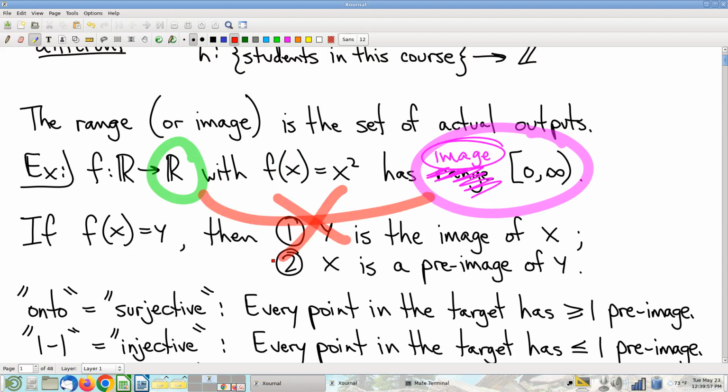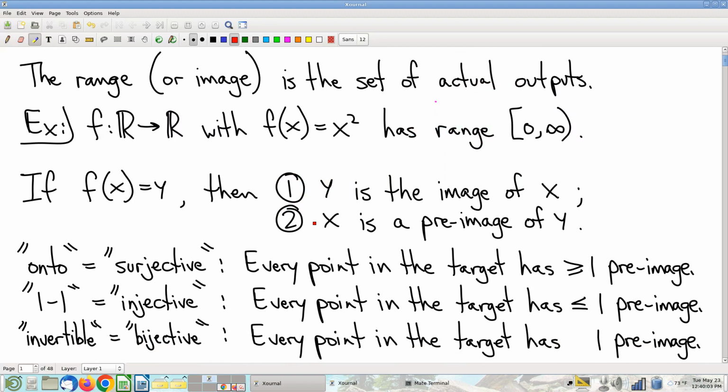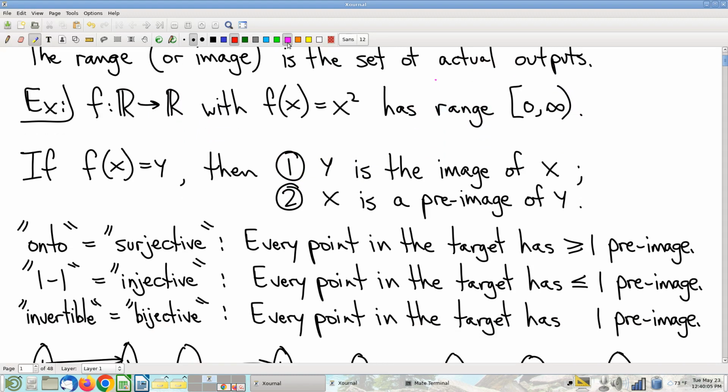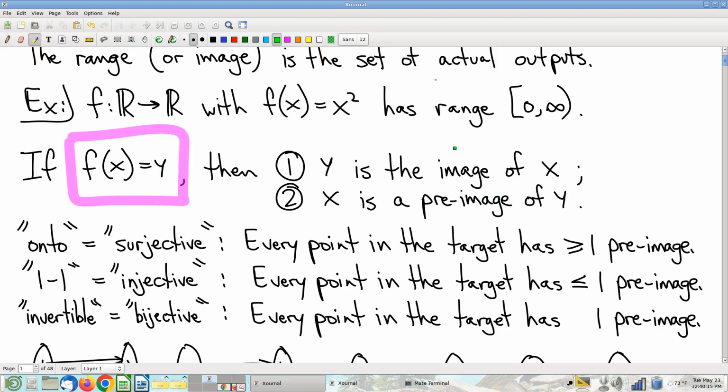All right. Moving along. More terminology. When you have an equation expressing an input and an output from a function, the output, as previously noted, is called the image. Let me circle this differently. This is referred to as the image. It's the output.